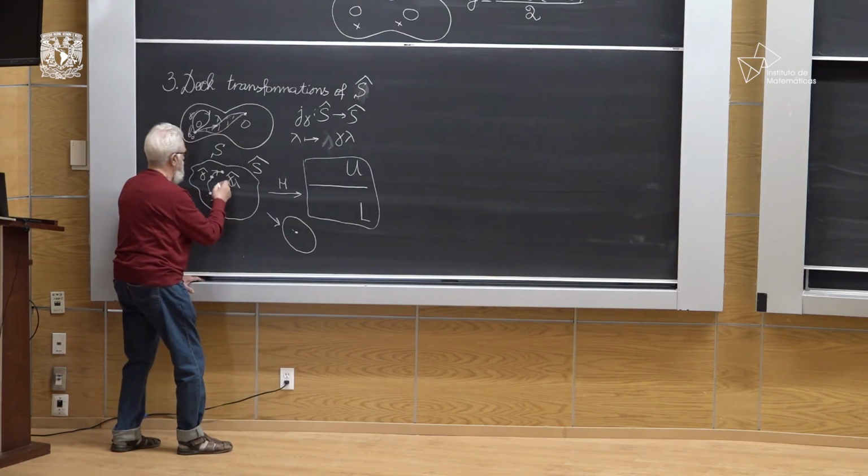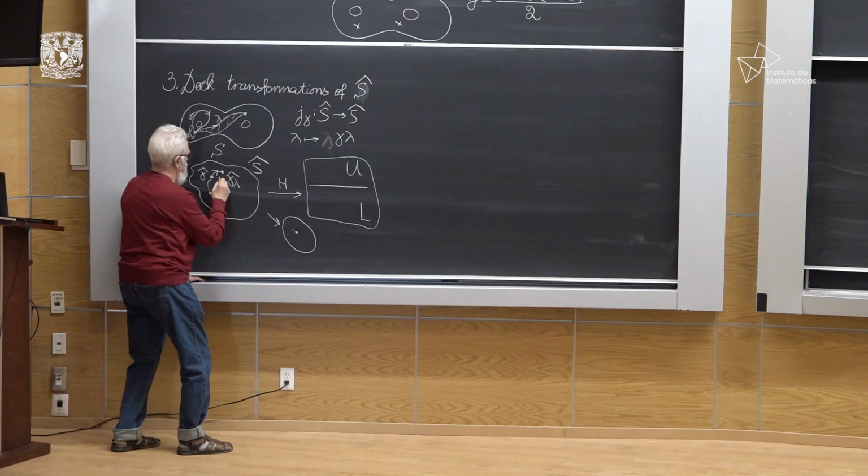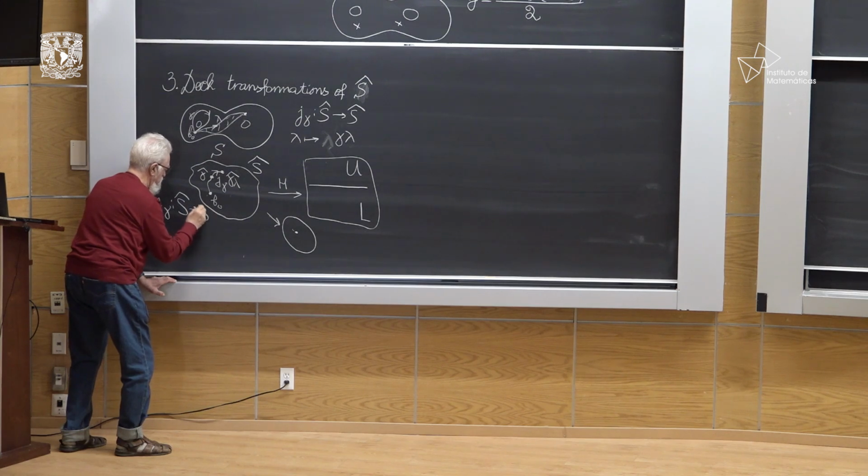This is the map J gamma of the universal cover to itself.